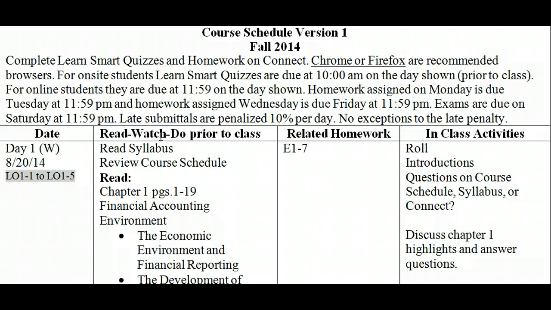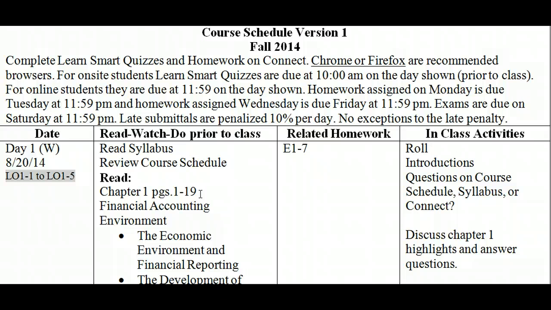The read, watch, and do prior to class column is mostly so you know what I expect you to do prior to class. I expect you to read certain pages in the book, 1 through 19, but I've got to tell you folks, there's a lot of pictures involved in this one usually.